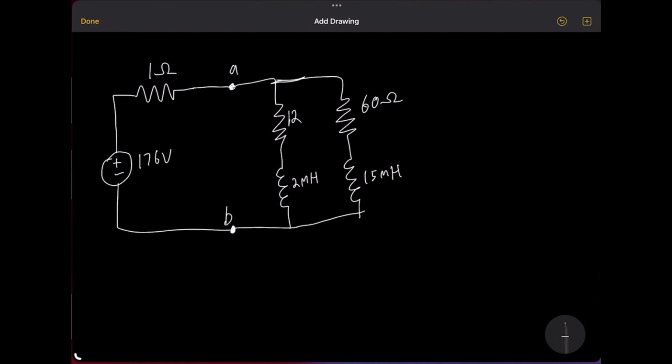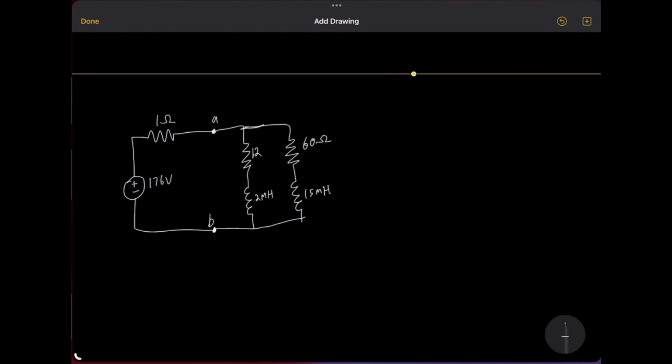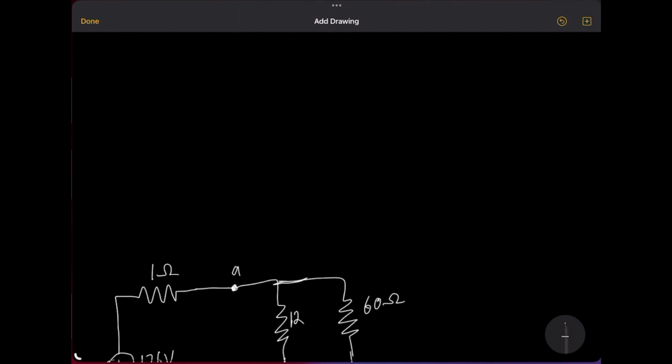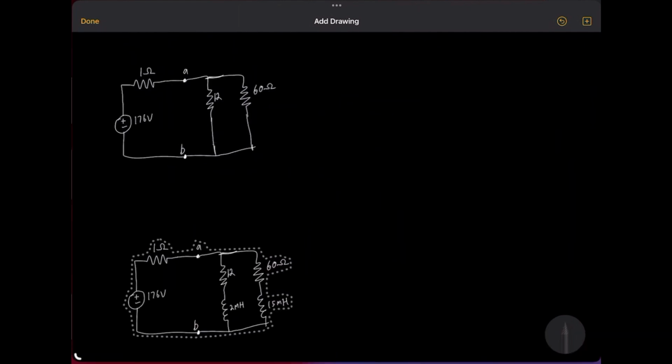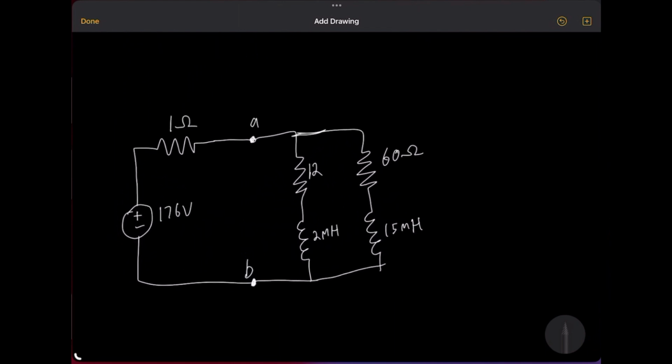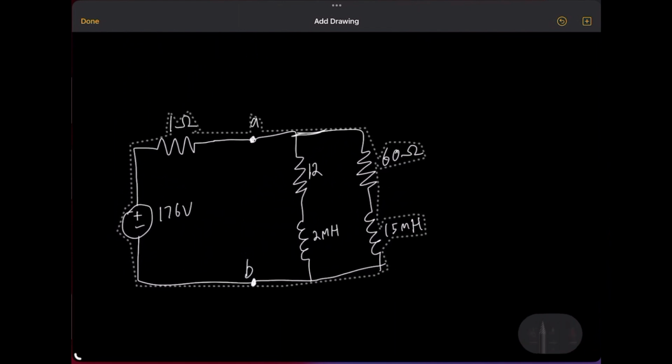Okay, so before we start doing all that, we need to start figuring out these initial values for the currents for these inductors. Because when we start to solve for certain things like the short-circuited value, let me draw something really quick to visually demonstrate.